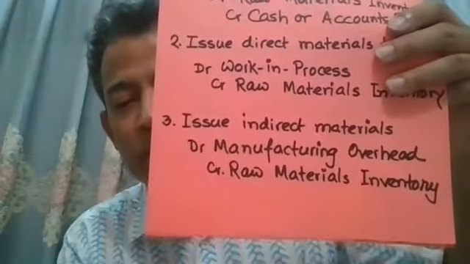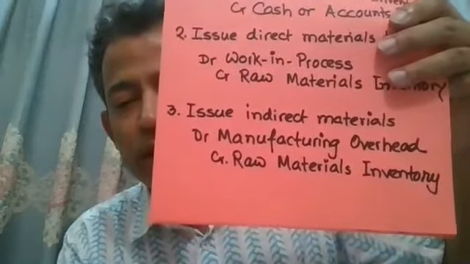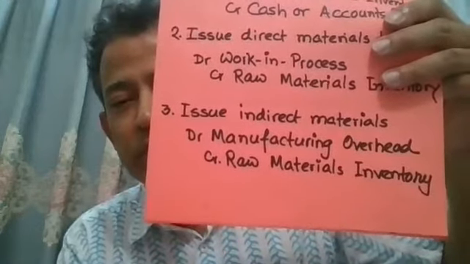The journal entry is debit, this time not work in process, we debit manufacturing overhead and credit raw materials inventory. So from a materials warehouse, the direct ones are contributing towards work in process, the indirect ones are contributing towards manufacturing overhead. Keep an eye on manufacturing overhead, because it is going to be dismantled a while later, and then part of it will be applied to individual job sites, to individual projects.